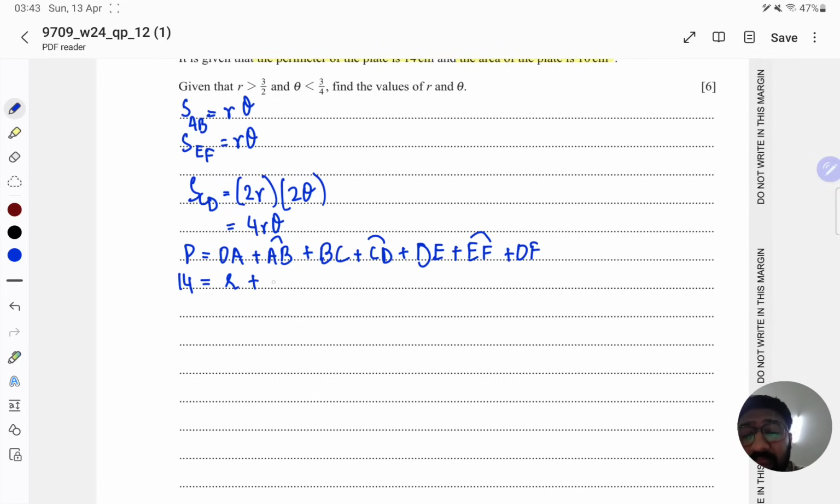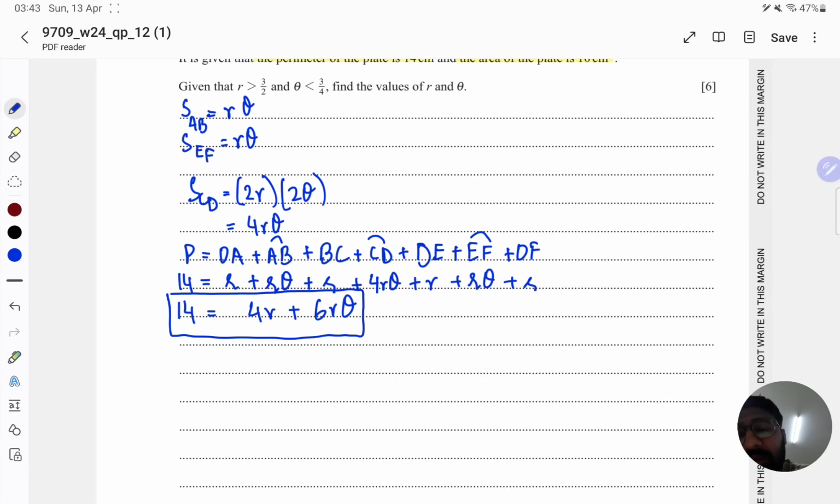The arc length of AB is r theta. The BC length is also r. The CD arc length is 4r theta, plus DE is r and EF is r theta, plus OF is also r. So if I simplify, it's 4r plus 6r theta equals 14. This is the first equation that we have.